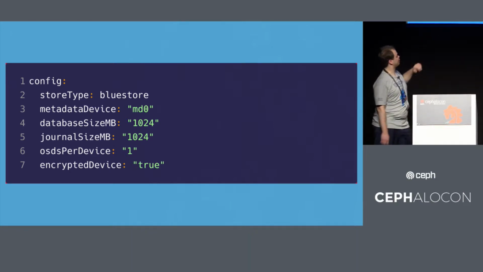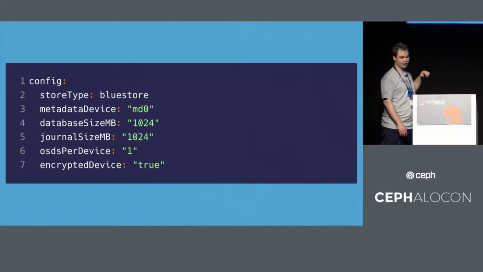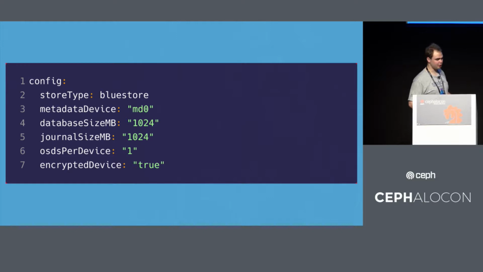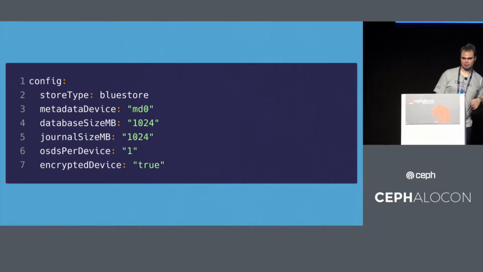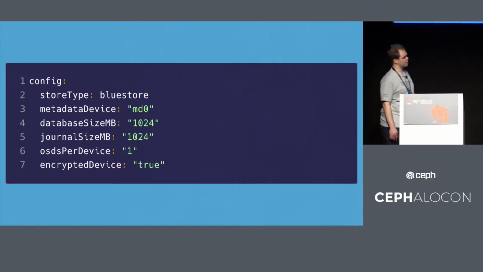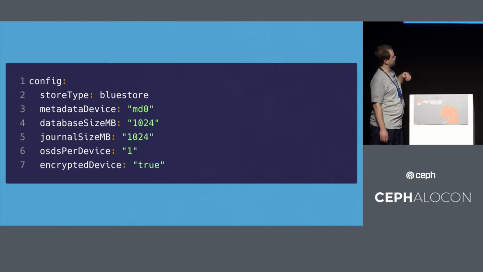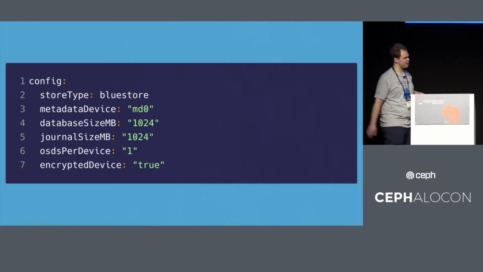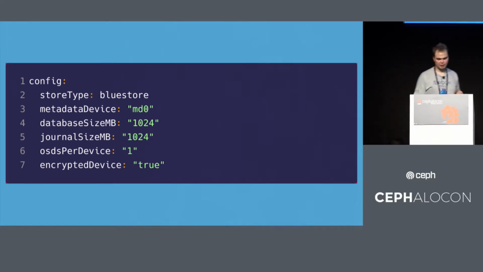You can specify how big database journal size and so on is. For example, for NVMe, you want more than one OSD. You can also specify that. You can also say that it should be encrypted using dmcrypt, was that right? dmcrypt, yeah. So it's there, basically.